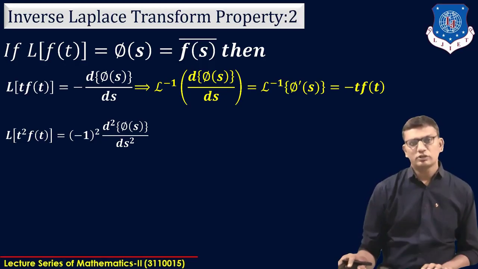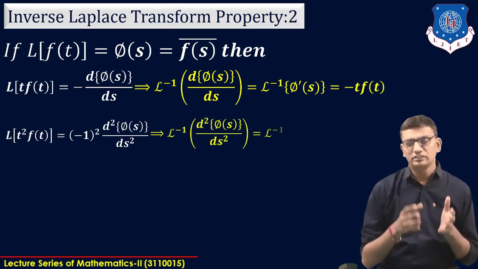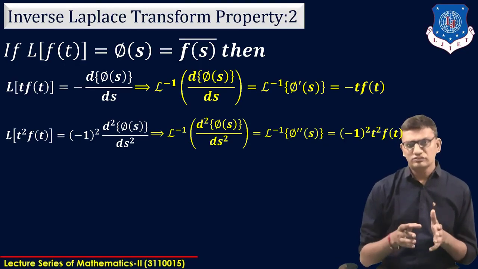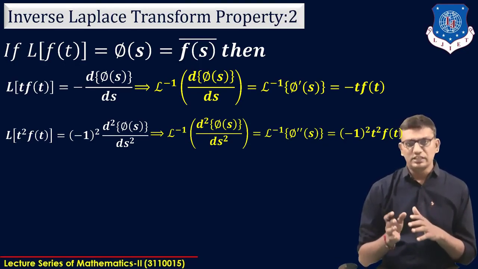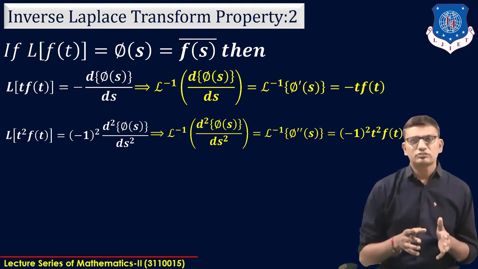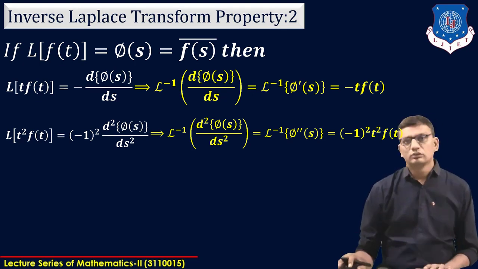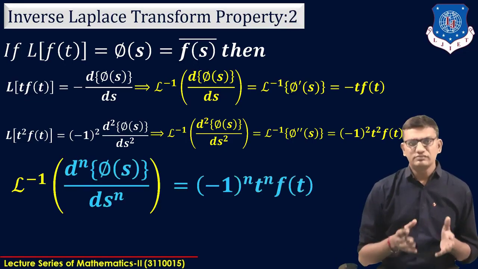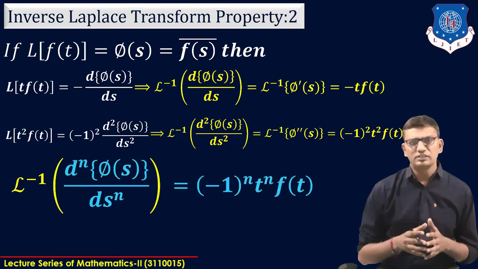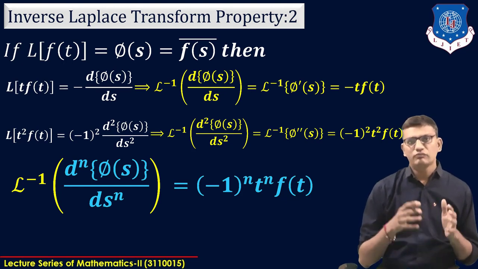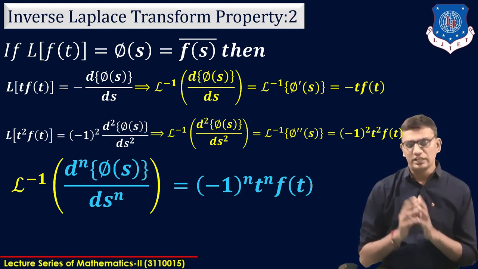In the inverse process, we get inverse Laplace of φ''(s) equal to (−1)² t² f(t), that means t² f(t). So finally, we can say that inverse Laplace of the nth derivative of φ(s) will be (−1)ⁿ tⁿ f(t).